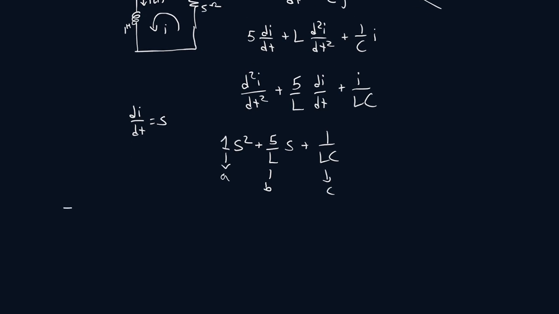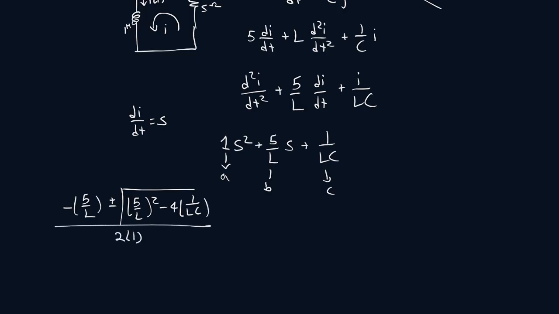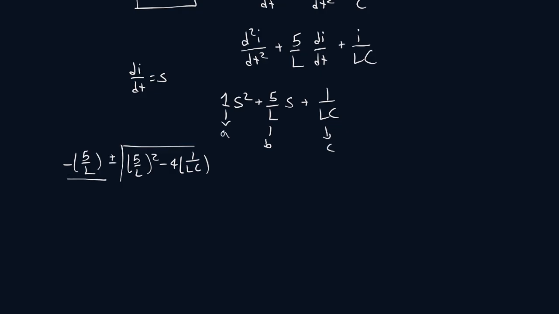So it's minus 5 over L plus or minus the square root of (5 over L) squared minus 4 times 1 times C, all over 2A. So breaking this up, this is a 2 and this is a 2 here.